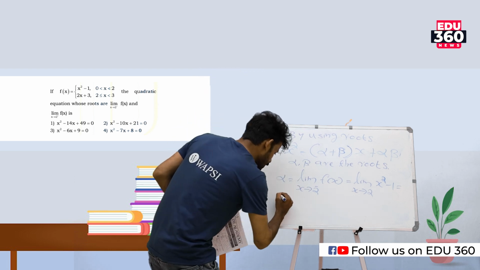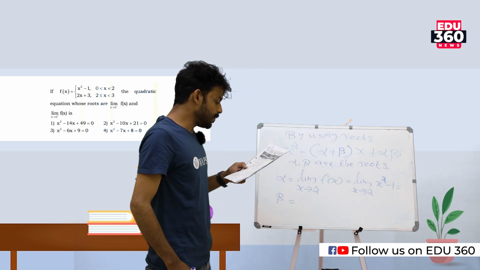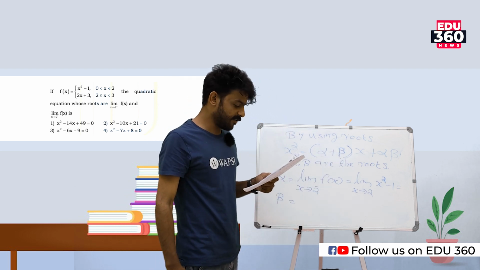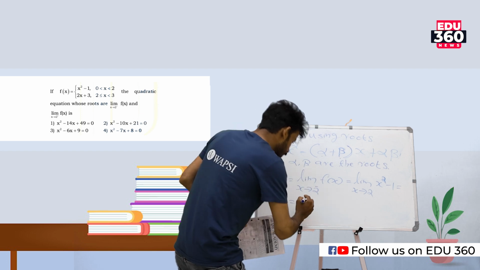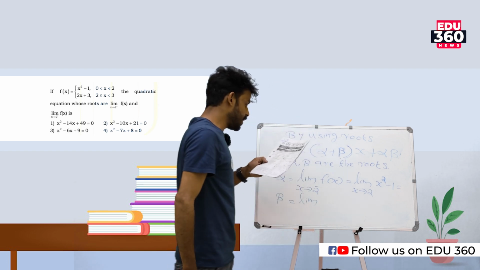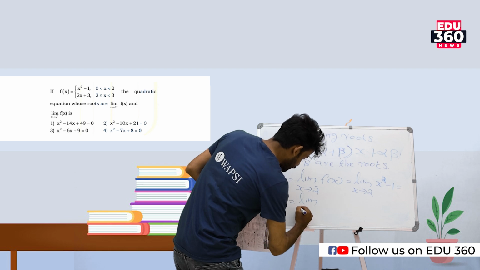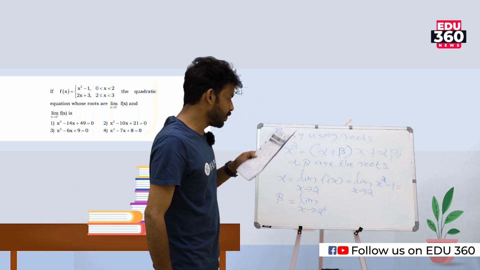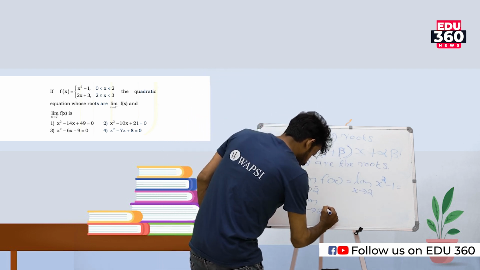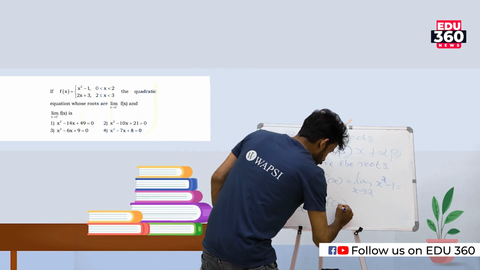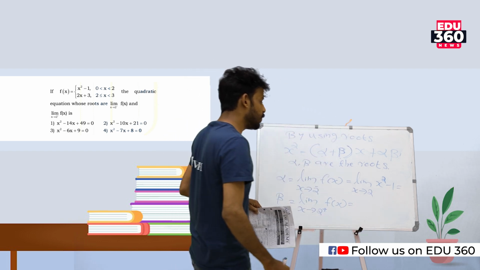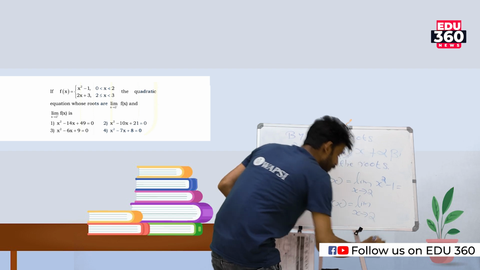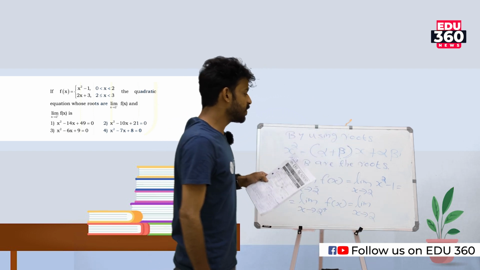And here beta. We know that alpha and beta are the two roots of a quadratic equation. So here we can write beta is equal to limit x tends to 2 plus f(x), because it's already given in this question. That is equal to limit x tends to 2 of 2x plus 3.